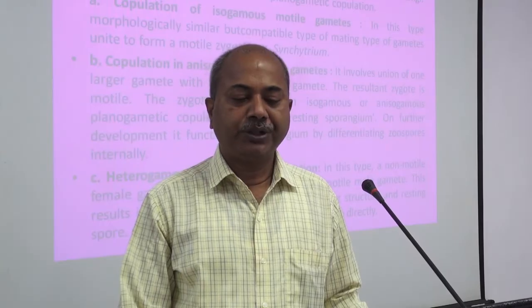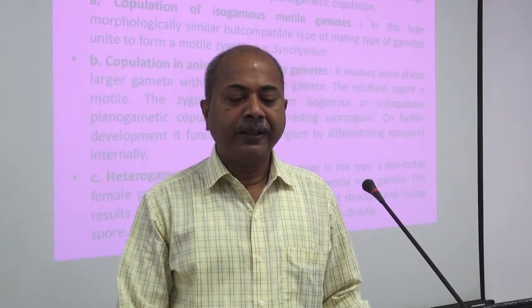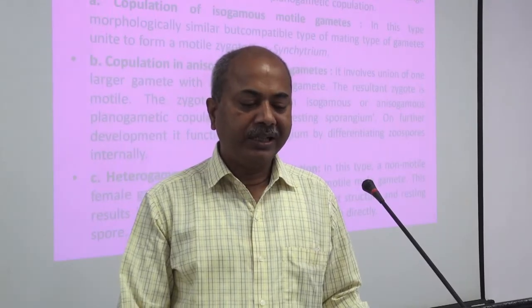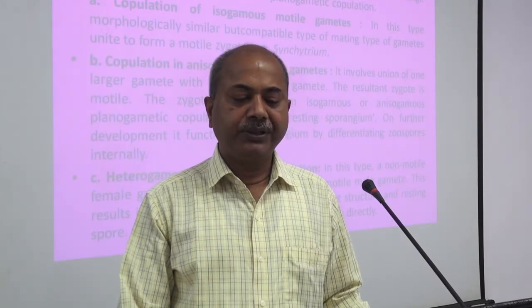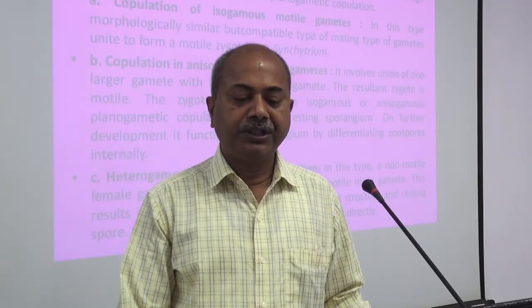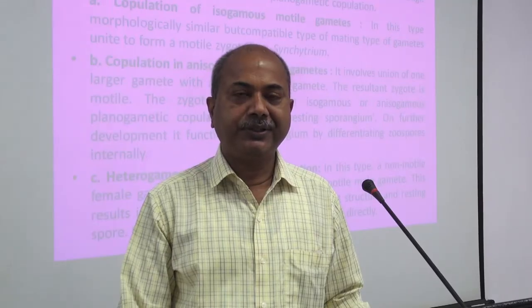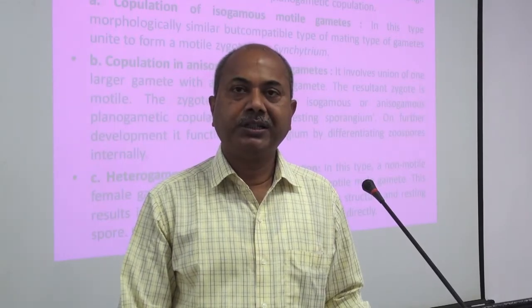Copulation of anisogamous gametes involves the union of the larger gamete with the smaller one, and the resultant zygote is motile. The zygote resulting from isogamous or anisogamous planogametic copulation forms the resting sporangium. On further development, it functions as a sporangium by differentiating zoospores internally.